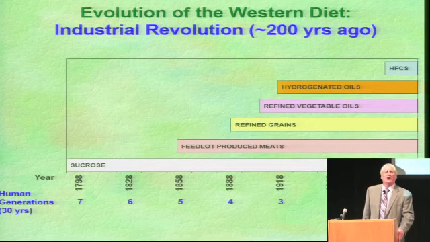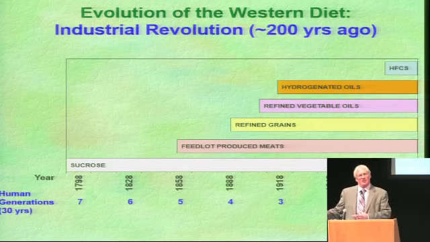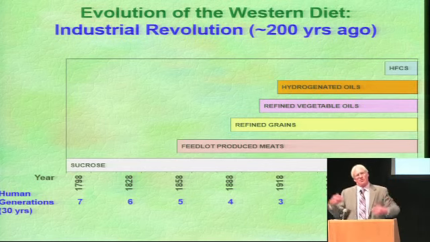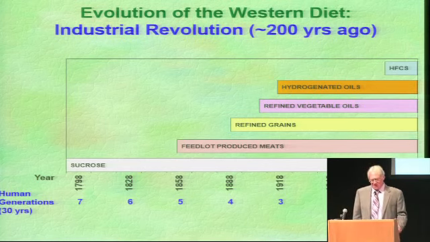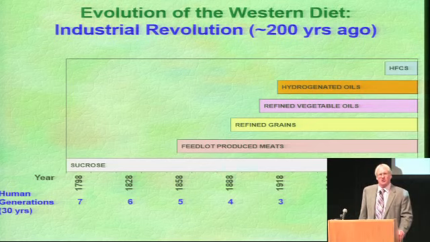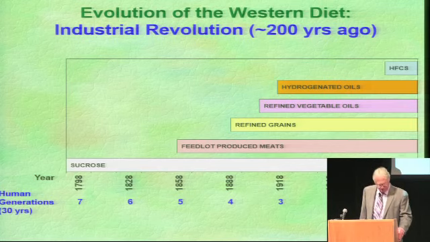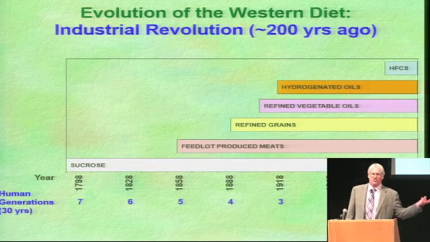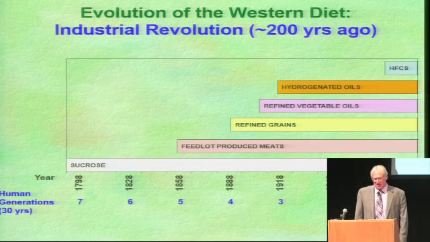Feedlot-produced beef was only made possible with the advent of steam locomotives, in which you could get cows to market along with huge amounts of grain and put them into a feedlot. So this is less than 5 human generations since we started making beef that looks like it does now. Refined grains are very recent in our diet because the machinery to make them, steel roller mills, didn't exist until the 1880s.